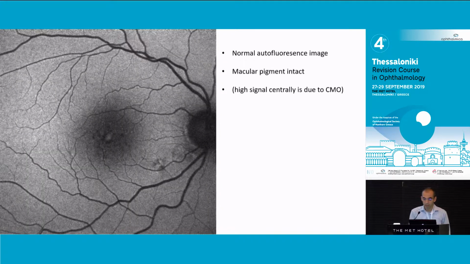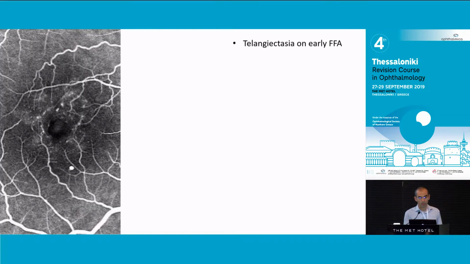This is the autofluorescence. Importantly, with MacTel 1, the autofluorescence signal is normal. The macular pigment is intact. You may get some high signal where you have the cystic macular edema, but you will see that in any cystic macular edema. Angiography, you see the telangiectasia.